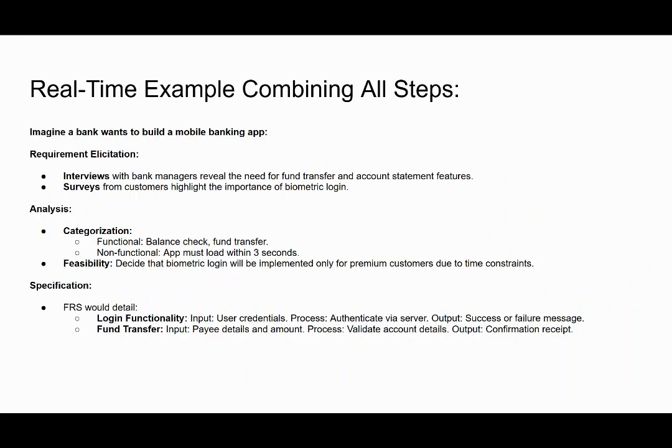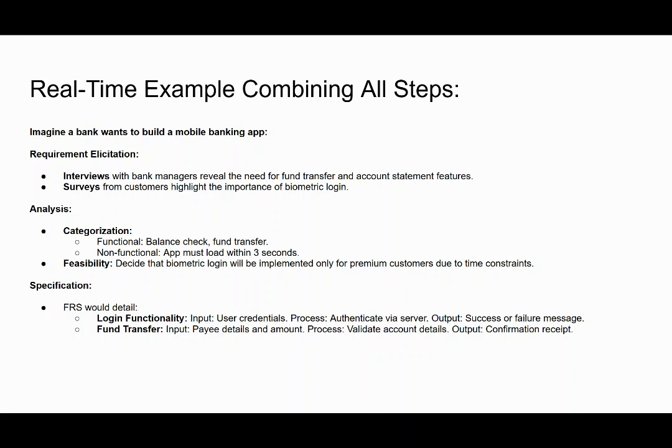Let us look into a real-time example combining all these steps. For creating the requirement specification document, the primary step is requirement elicitation. This uses some techniques for gathering requirements from different stakeholders. For example, a bank wants to build a mobile banking app.